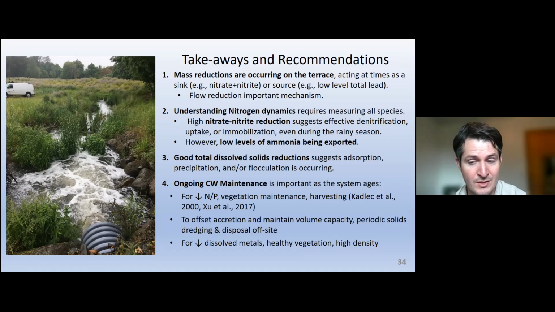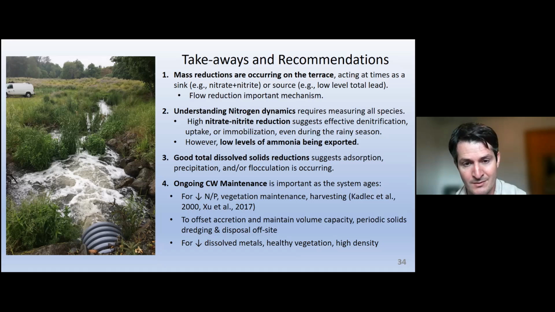Total dissolved solids reduction in the system suggests there's some absorption or flocculation or precipitation happening, and that ongoing maintenance is going to matter. It's important to maintain vegetation and potentially even to the point of harvesting it occasionally and removing it so phosphorus doesn't leach from the harvested vegetation.